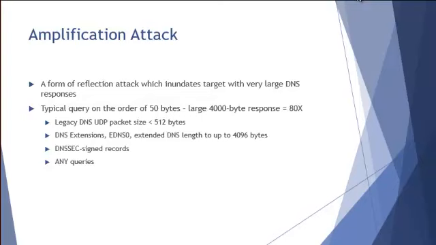And this use of such large responses does require the use of DNS extensions, or EDNS0, DNS extensions version 0 is what that refers to. But that basically extended the DNS message length up to 4096 bytes. So this just enables you to achieve that amplification.